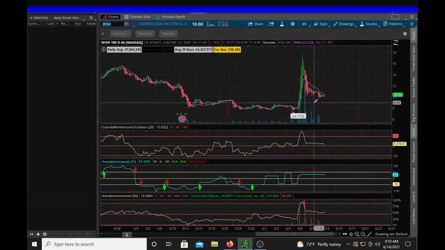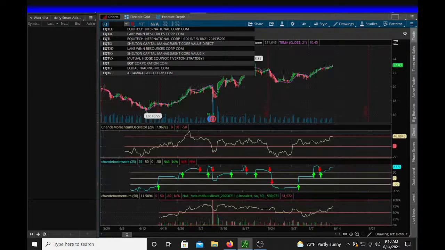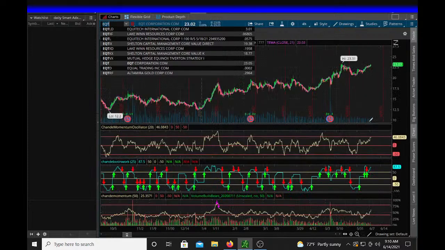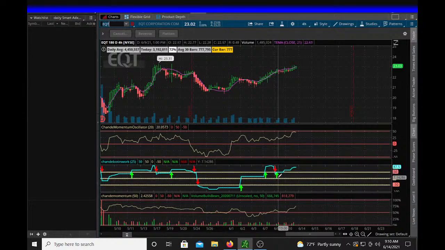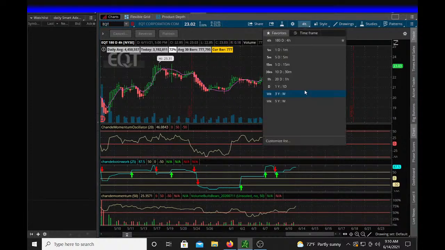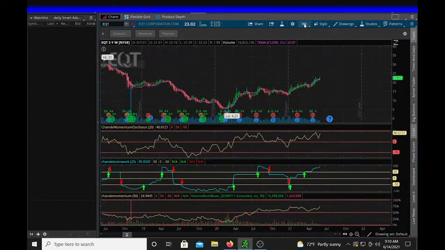So check EQT here real quick and see how it's performing this morning. Oh, excellent. Boom, boom, okay. Little fake out, breakout, and then a run, so very good. How is it on the weekly? Pointed up on the weekly.